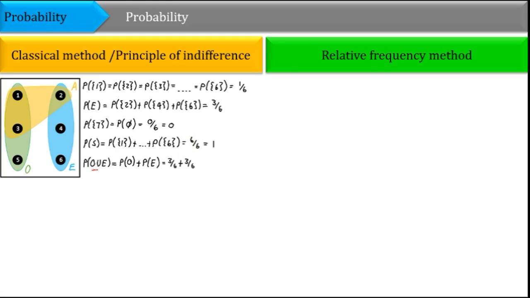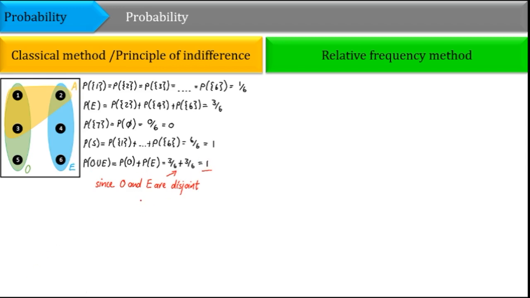Probability of the odd numbers union even numbers, so we'll take the probability of the odd numbers, which is, there's 3 of them, so it's 3 over 6, plus even numbers, there's 3 of them, so that's 3 over 6, and that's going to give us the value 1.